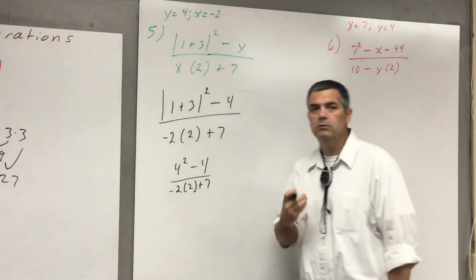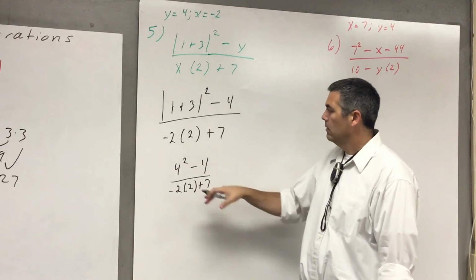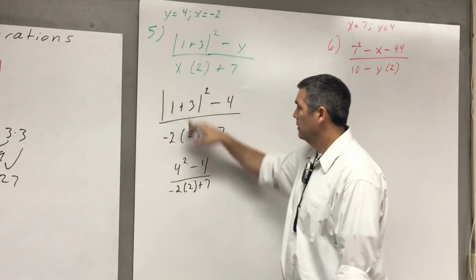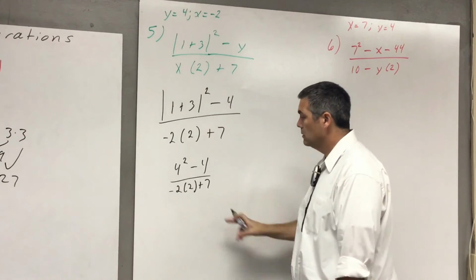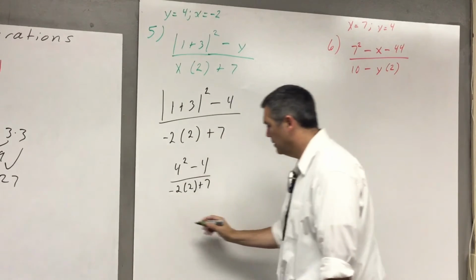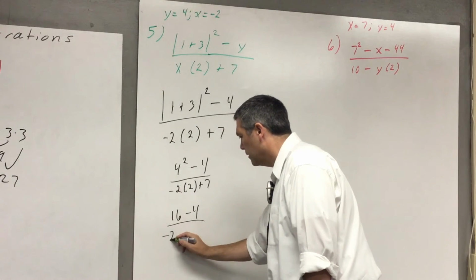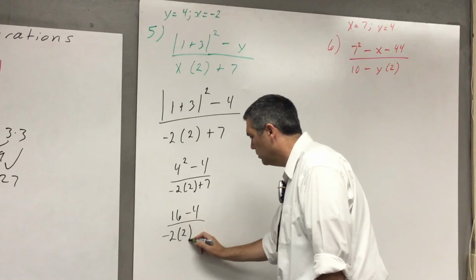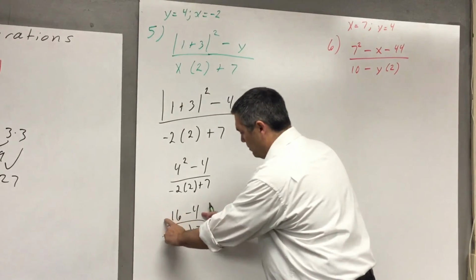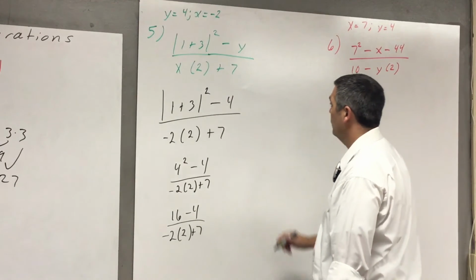And guys, I understand that you're not going to write this down all the way through. You're going to maybe do this and then this. But order of operations tells me to do this first. Okay? So 4 to the second, it's 4 times 4, that's 16. So I get 16 minus 4 over negative 2, parentheses 2, plus 7. Okay? Now, these are basically in groups here. So now I have 16 minus 4.